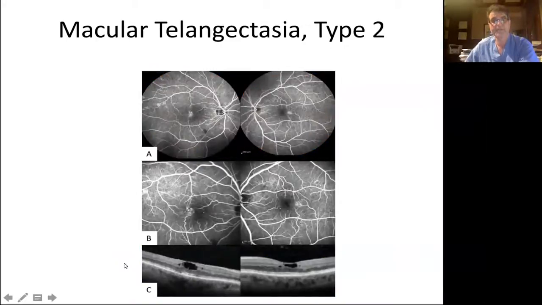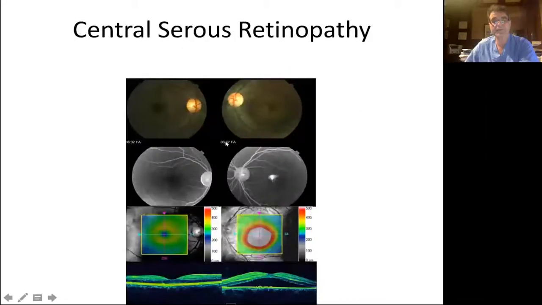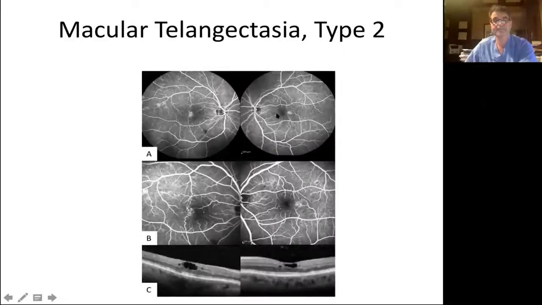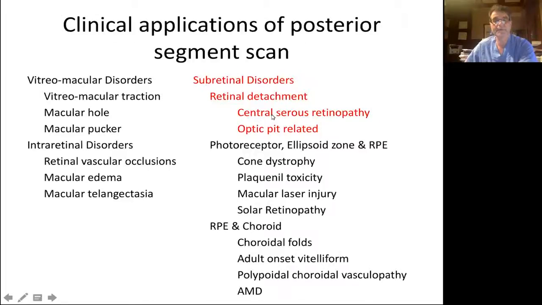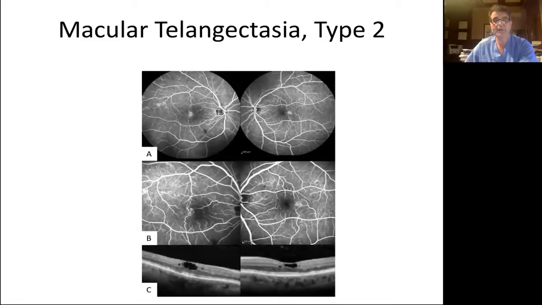This is in contrast to macular telangiectasia type 2, in which there are bilateral telangiectatic vessels shown on this fluorescein angiogram. And we can see the typical subtle bitemporal changes which stain on the late frames of the fluorescein angiogram.